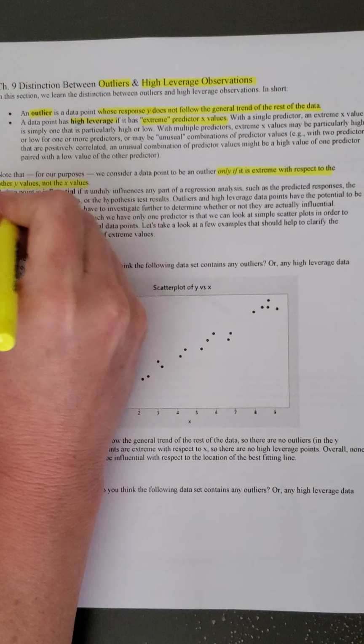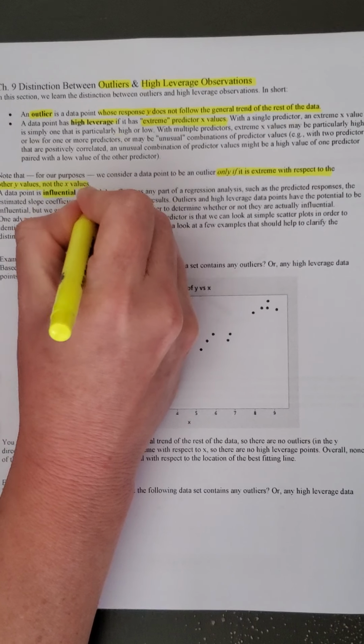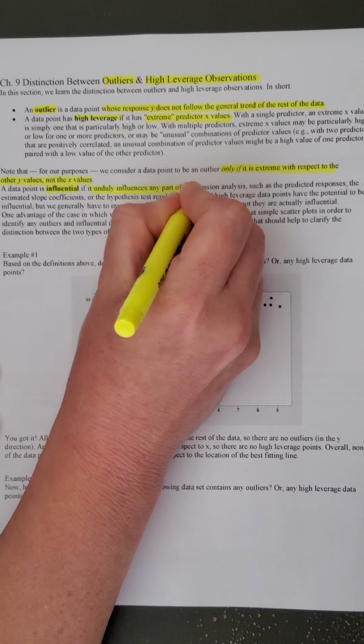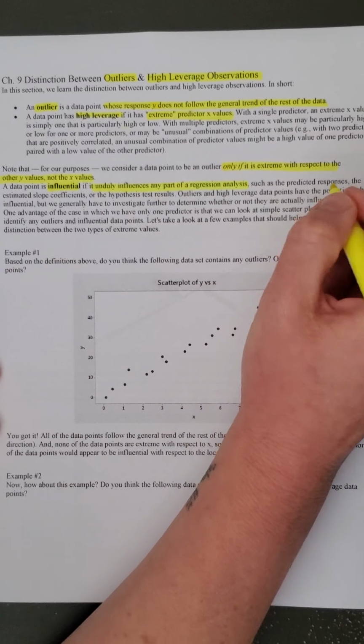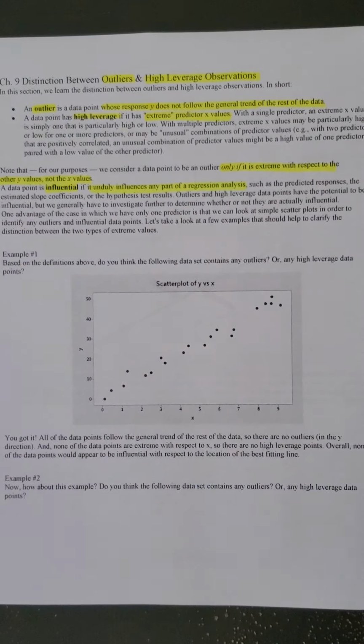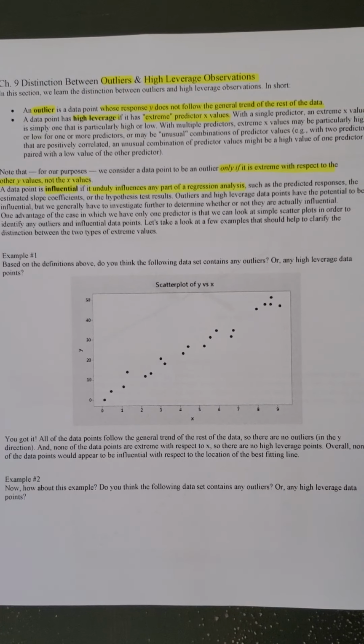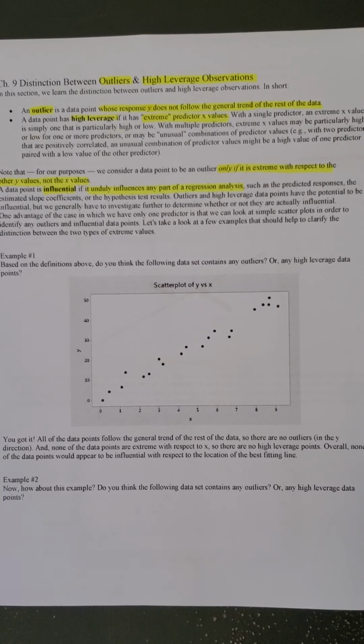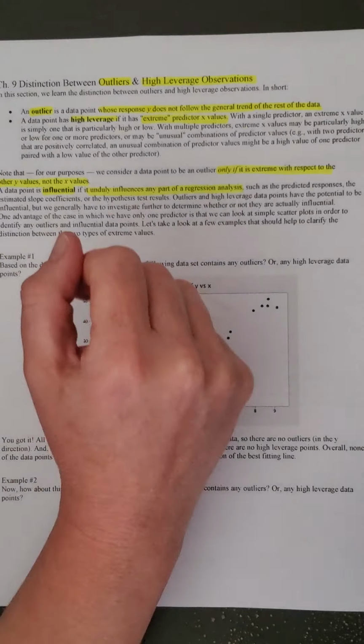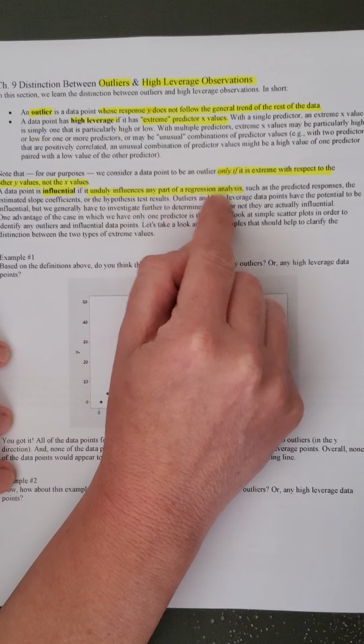A data point is said to be influential if it unduly influences any part of the regression analysis. So influential points are points that somehow influence your regression analysis.